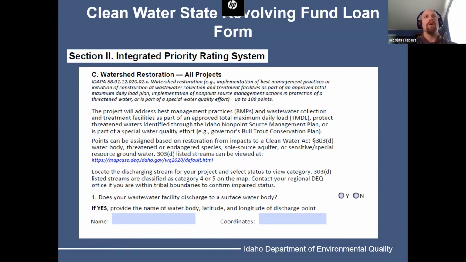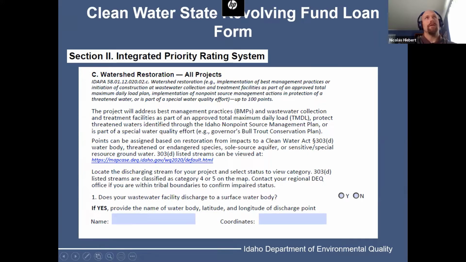So we are going to dive into the details of some of the LOI ranking criteria. This is section 2, item C on the LOI form. It's watershed restoration.